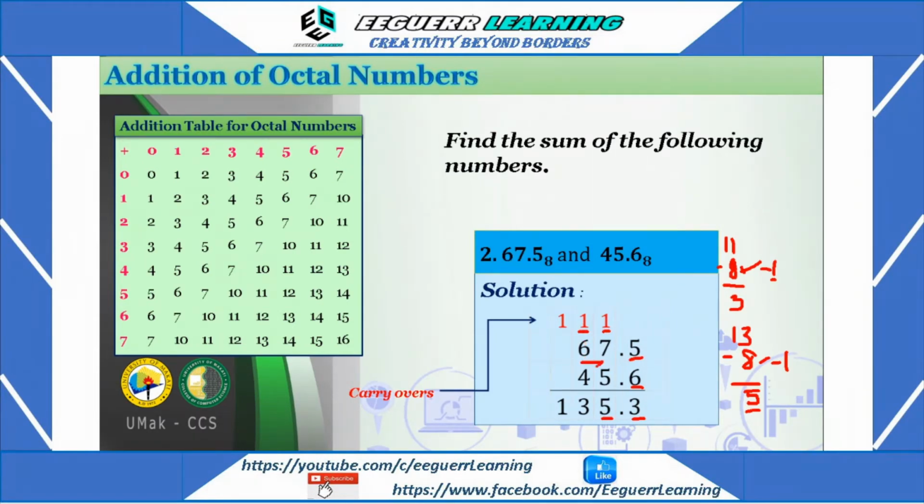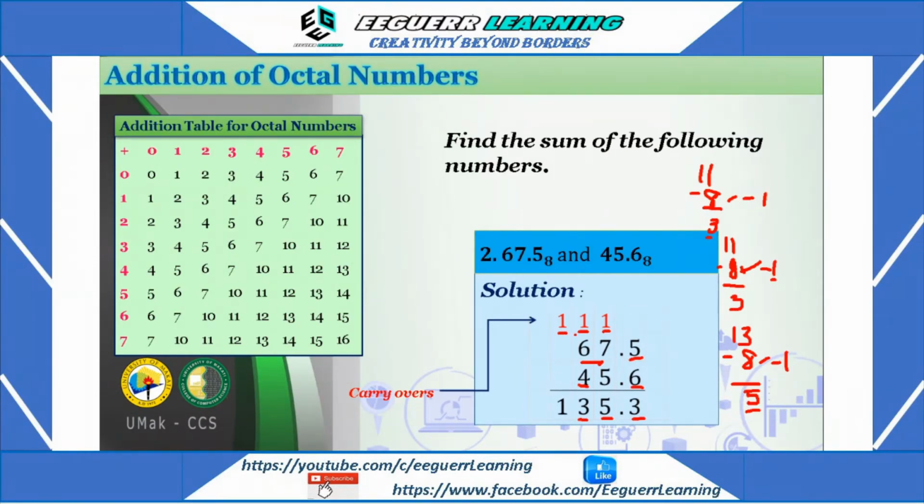1 plus 6 plus 4 is 11. So we place here 11 minus 8 will give us again 3, and we place 3 here. And the whole cycle of 8 will be represented as 1 and be carried here.